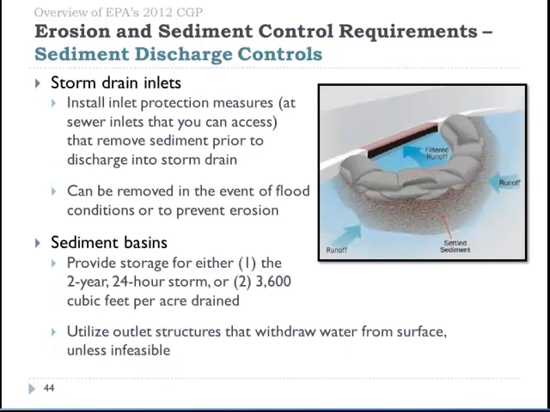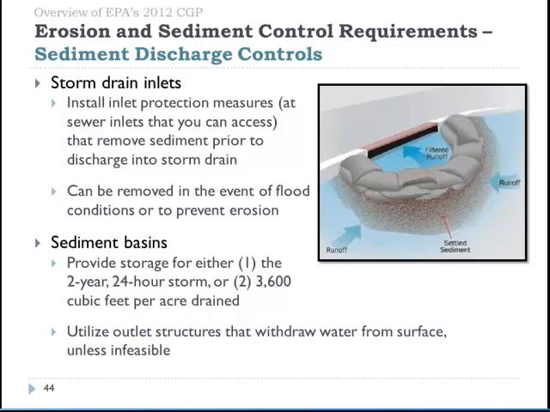In addition, there are requirements that relate to immediately adjacent sewer inlets, and these are storm sewer inlets that will be adjacent to the site. And here we're looking at minimizing to the greatest extent sediment that's discharged and becoming a very direct discharge to nearby surface waters.